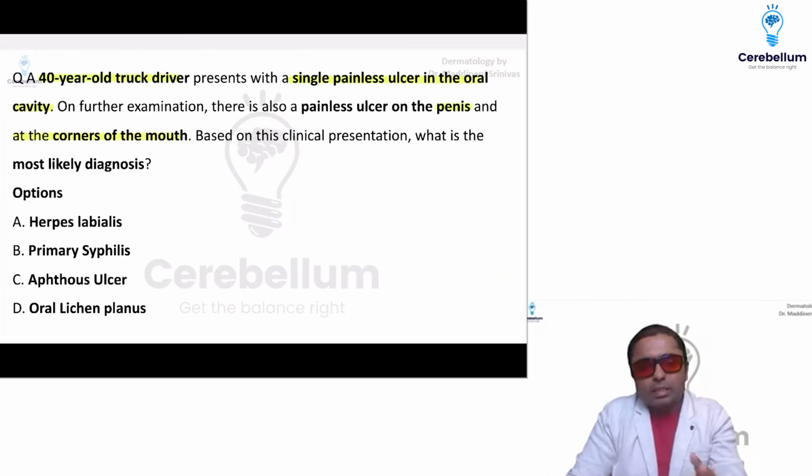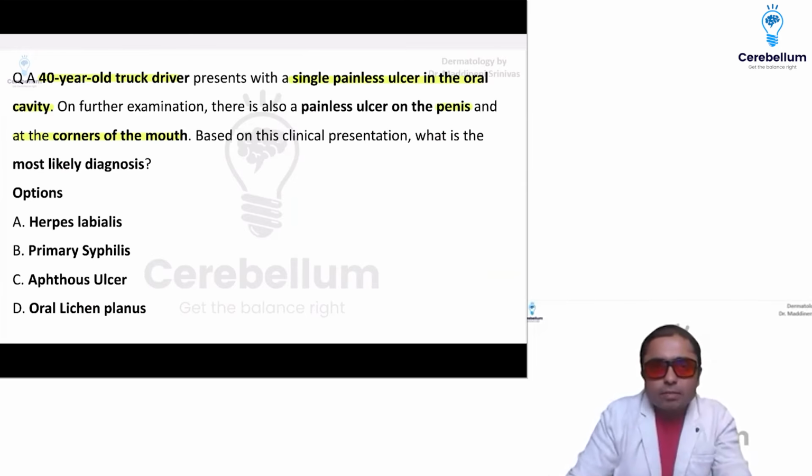Was this question there? And what do you think is the answer? Was there any image mentioned where there was an ulcer over the lip, the tongue, or the corners of the mouth?